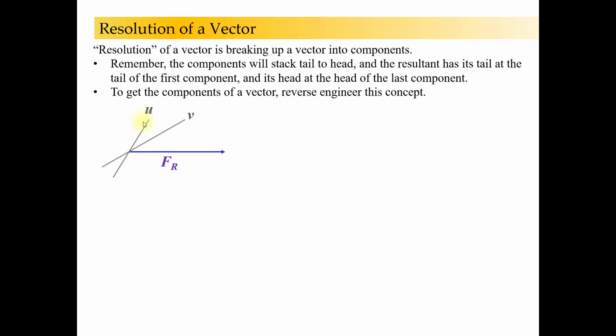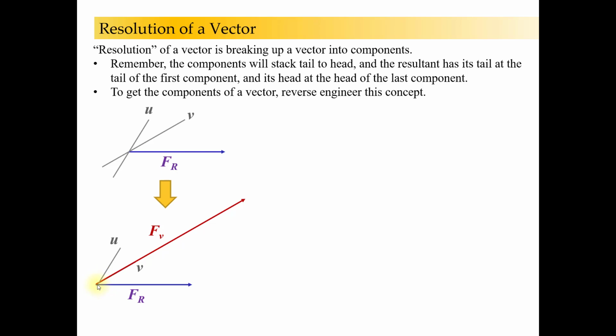we can do it graphically, and you just think about it as that triangle rule in reverse. Okay, so here's our vector with our u and our v axes, and I draw my F sub v along that axis because I have to get from the tail of my resultant.